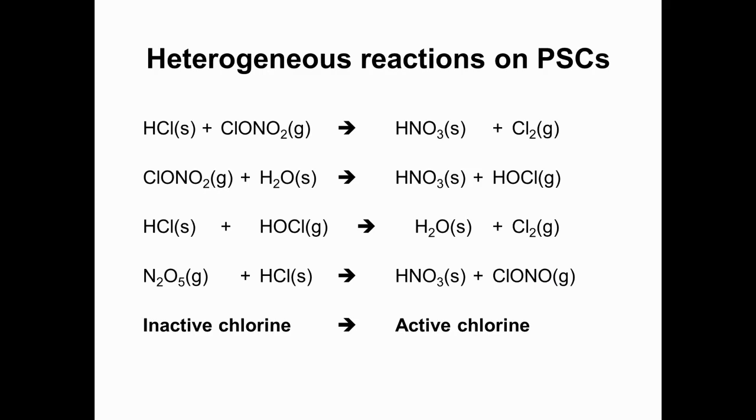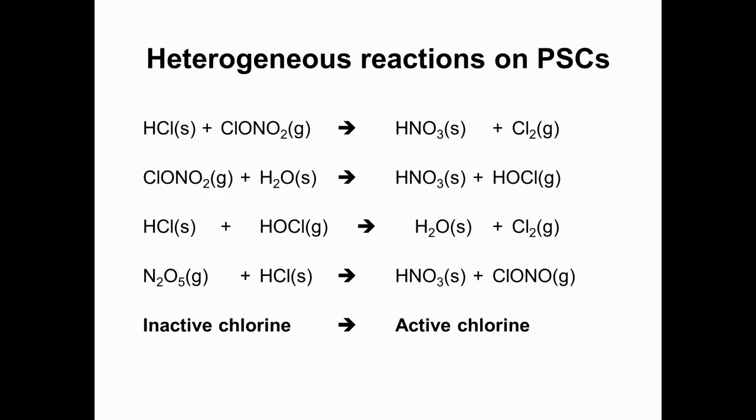So what happens? Well, nothing. Because all of these gas phase species are still in the dark. So the reactions have happened on the surface of the polar stratospheric clouds and released these active chlorine gases. These active chlorine gases wait until the sun comes out.